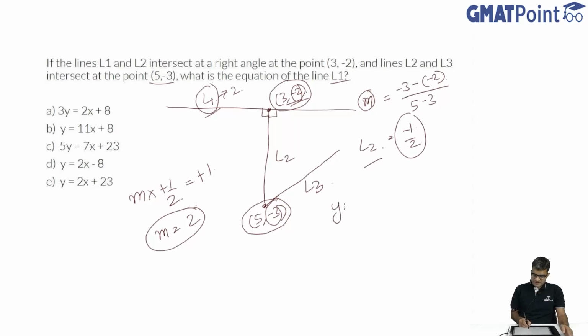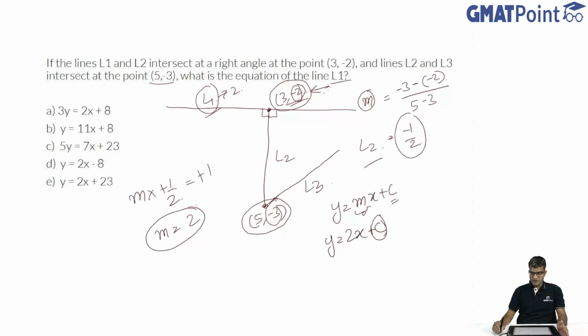We know that the equation of a line is y is equal to mx plus c, where m is the slope of the line and c is some constant. So the equation of the line L1 will be of the form y is equal to 2x plus c. But what is the value of c? How can we calculate the value of c? We can calculate the value of c because we know that it passes through the point 3, minus 2.